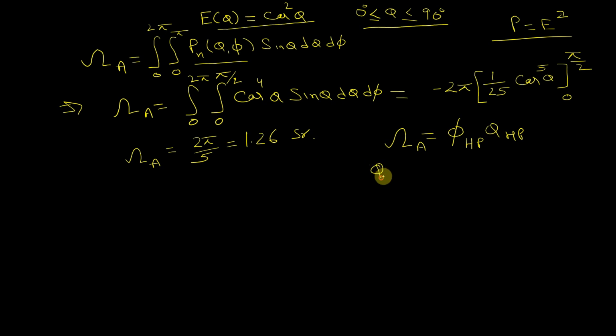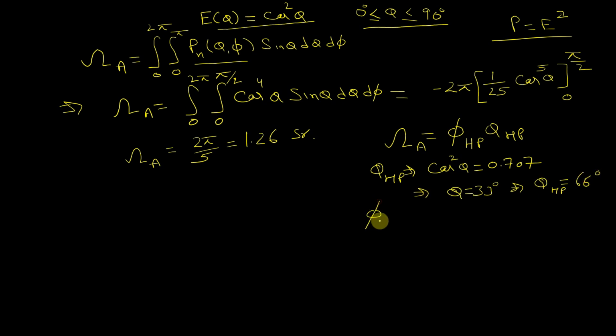This theta HP can be found by using this relation: cos square theta is equal to 0.707. If you solve it, you find this theta is approximately 33 degrees. And what will be theta HP? That will be equal to twice of this, 66 degrees.